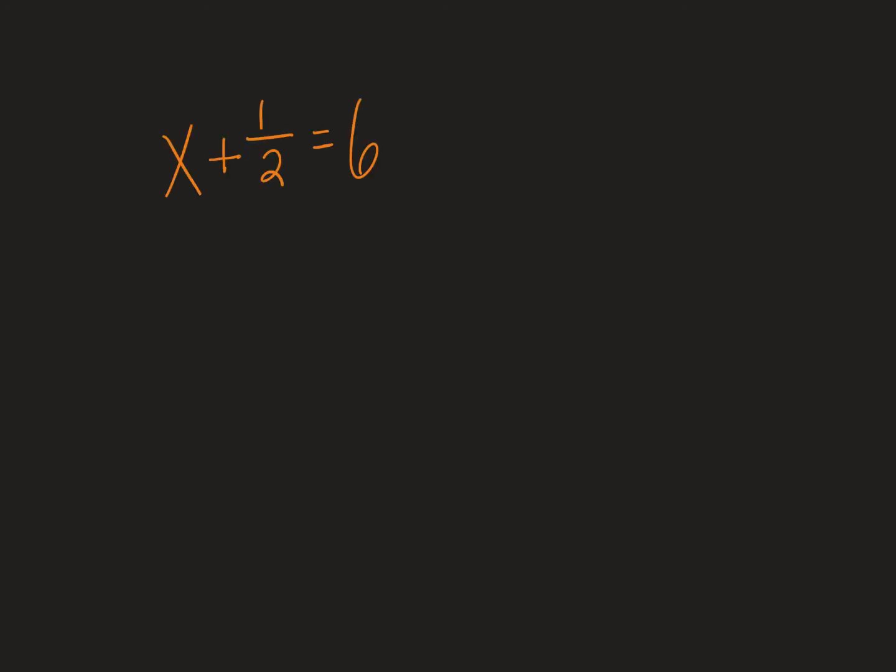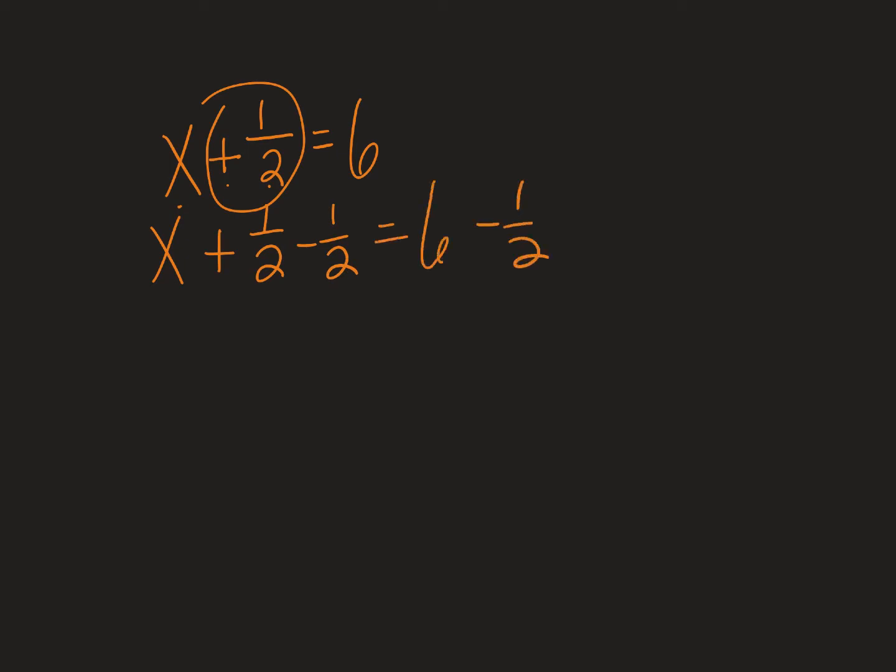All right, so let's look at this. x plus 1/2 equals 6. Now, what's the opposite of addition? That would be subtraction. So if you have x plus 1/2, you're going to do the opposite of plus 1/2, to minus 1/2 equals 6 minus 1/2. Now, notice that 1/2 minus 1/2 cancels, right?